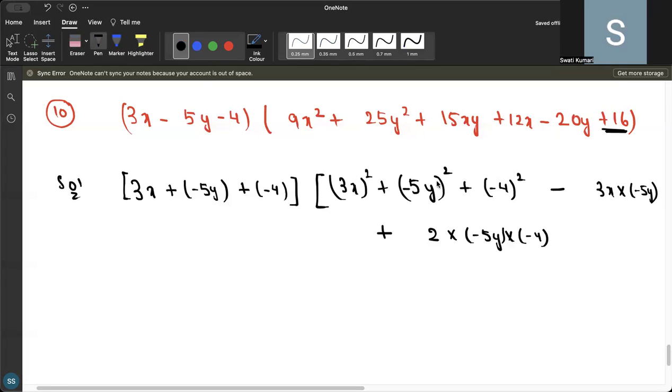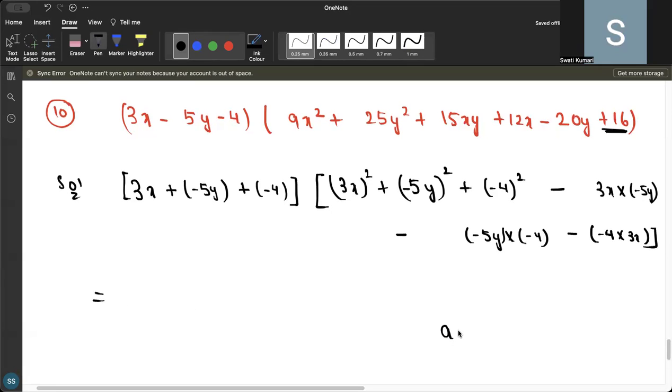Okay, and then here as well, a negative sign. And twice I'm going to remove. So we just need minus a into b, minus b into c, and then minus c into a, which is minus 5, minus 4 into 3x. That's it.